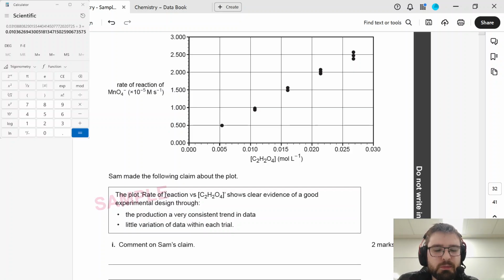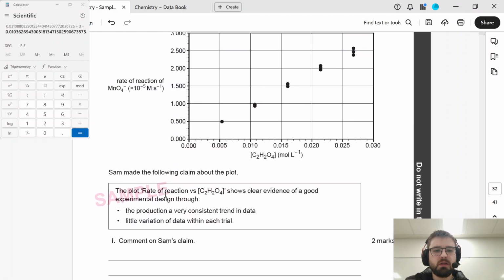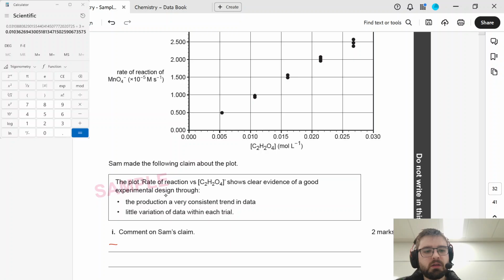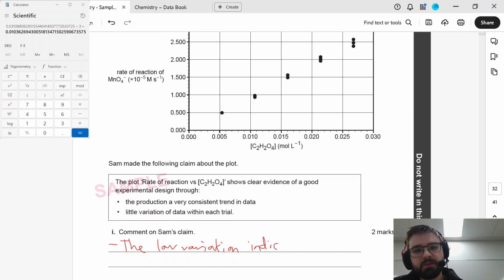Clear evidence of a good experimental design. I'd say that the low variation indicates high precision. I should say and consistent trend.